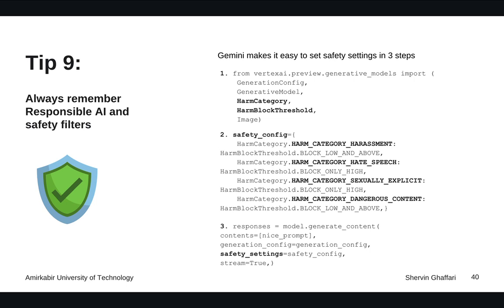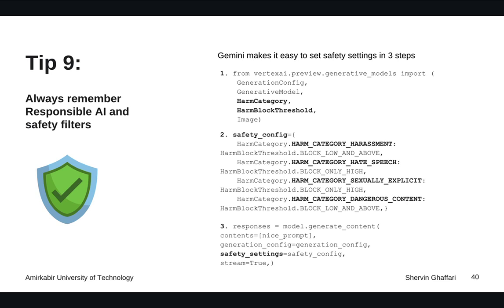Always remember responsibility and safety filters. As I said before, it's important to make sure that the user does not have any malicious or unwanted purposes. You don't want your model to be tricked or to leak internal data about the company or its regulations to the outside.